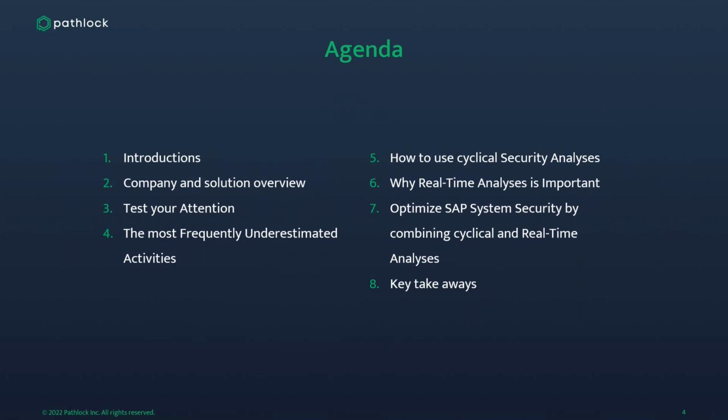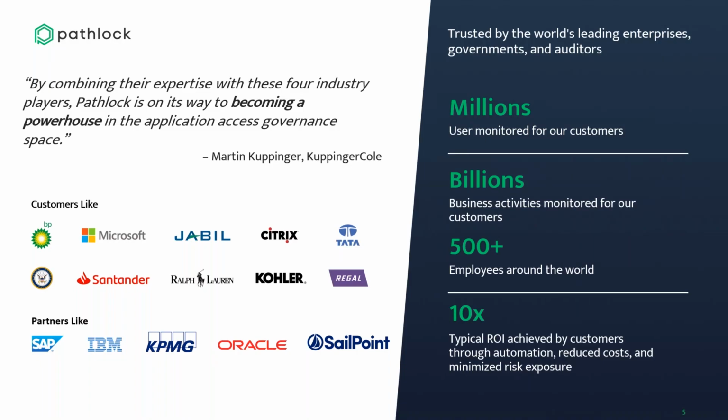So let's have a look at the Padlock suite. Padlock is becoming a powerhouse in the application access governance space, but also on the application security side. We have millions of users monitored for our customers, and billions of business activities are monitored for our customers. Right now we have 500-plus employees worldwide.